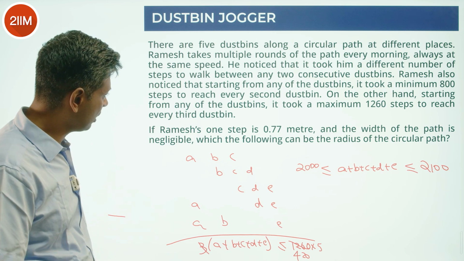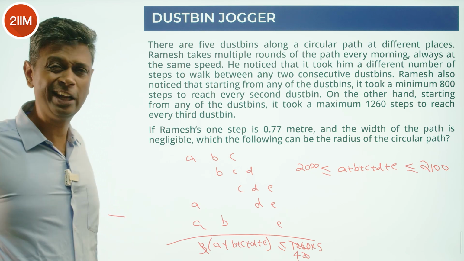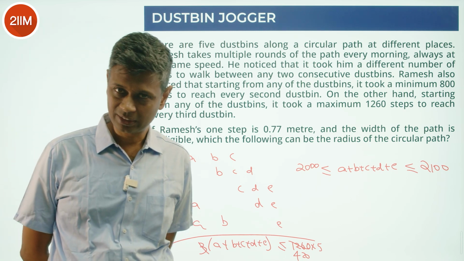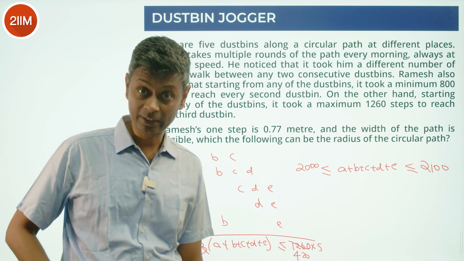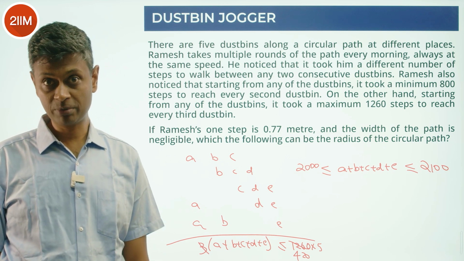Now the question says, if Ramesh's one step is 0.77 meter and width of the path is negligible, which of the following can be the radius of the circular path? Radius of the circular path, if I know, then circumference is 2 pi r. Right? He takes 2000 to 2100 steps.